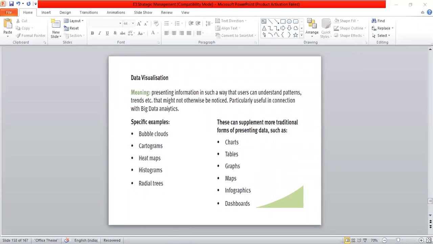So the easy presentation and representation of the data, wherein it can be understood and inferred upon, that is called data visualization.